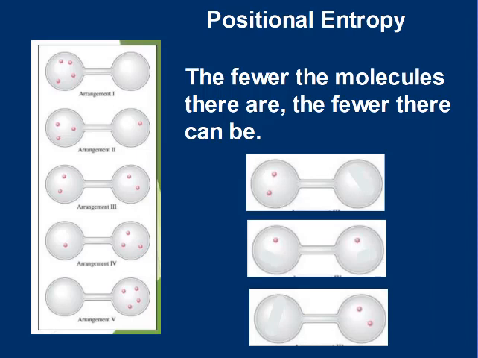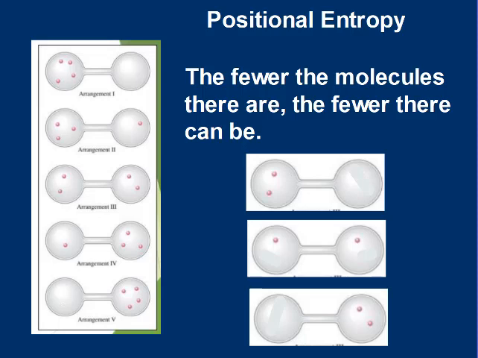Here we can see some of those microstates. On the left-hand side, we have 4 particles, and there's 5 different arrangements that those particles could be in. I could have 4 on the left, I could have 3 on the left and 1 on the right. I can have them equally halved. I can have 3 on the right, 1 on the left, or 4 on the right, none on the left.